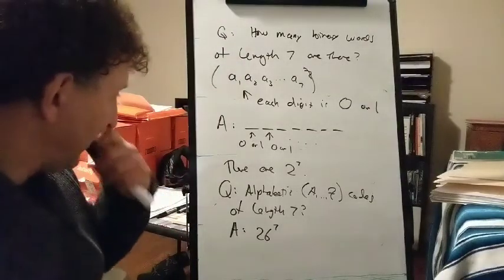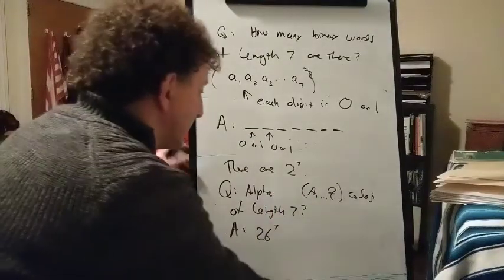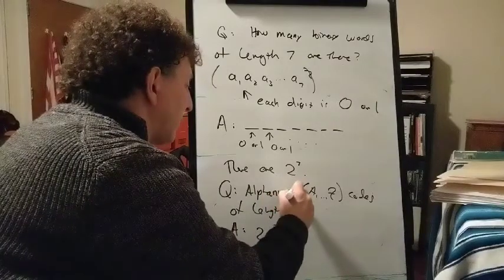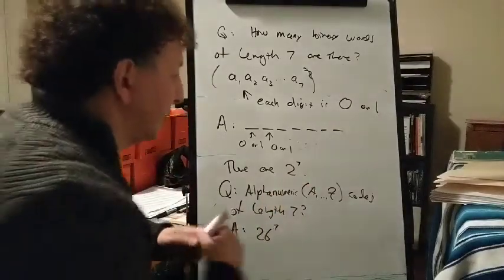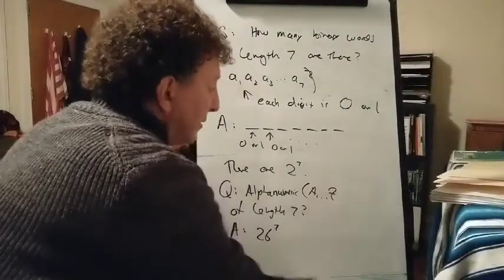And what about alphanumeric codes? So alphanumeric codes, A through Z, or 0 through 9.